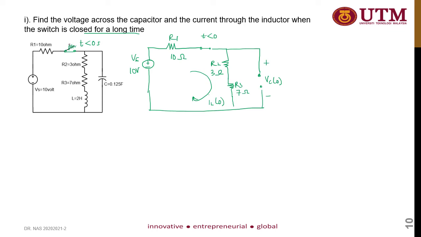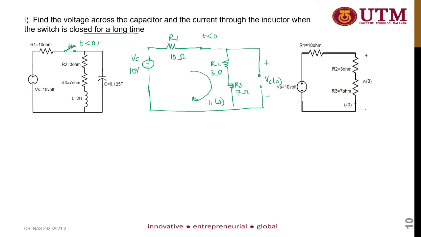This will be the initial condition for the next state, in which after t equal to 0, the switch is open. So this circuit can be simplified as this one. So you need to determine the expression of VC0 and also IL0.